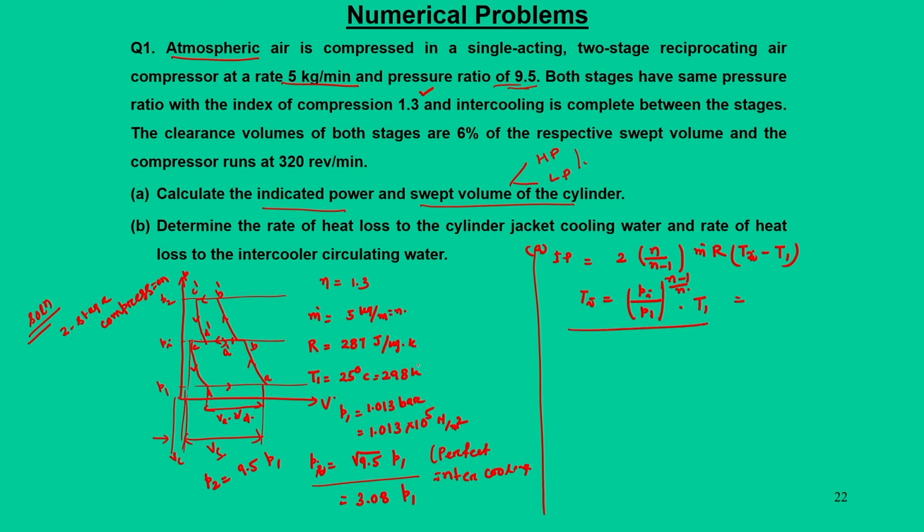So, we have T1 already, and Pi by P1 we have already calculated as 3.08. So, from this we can find out Ti as 385.9.